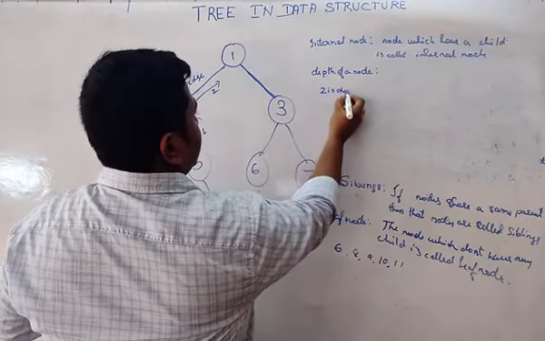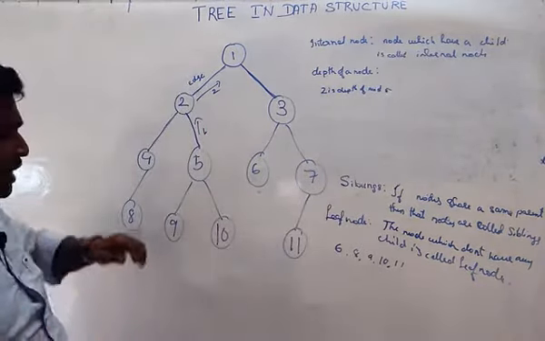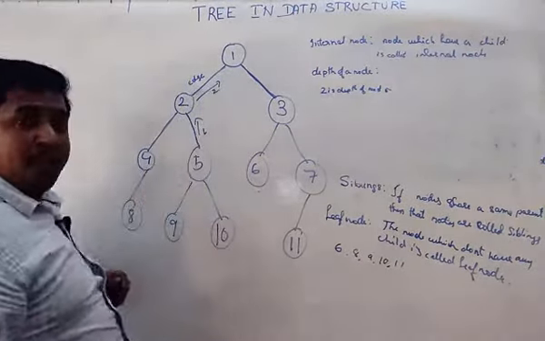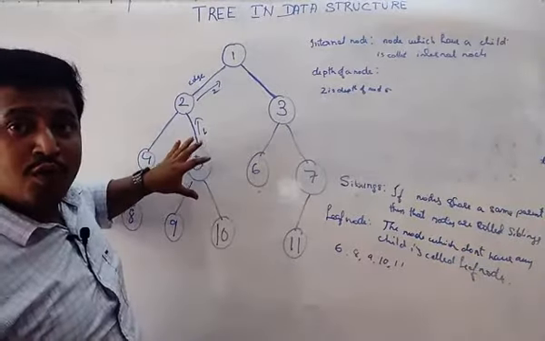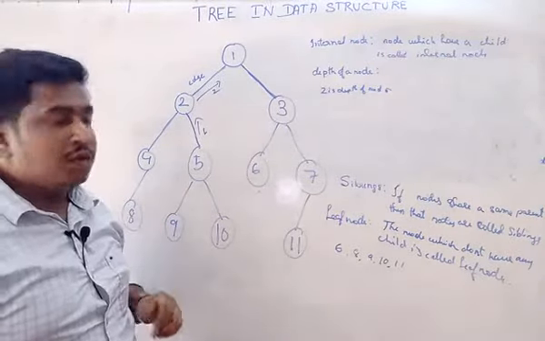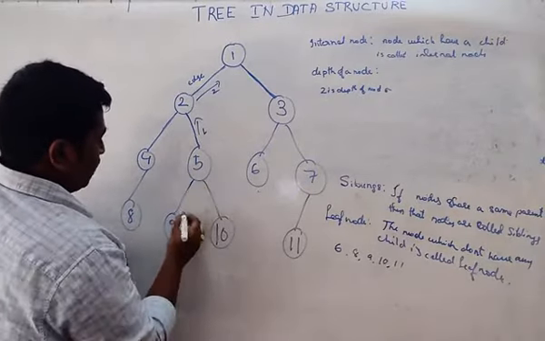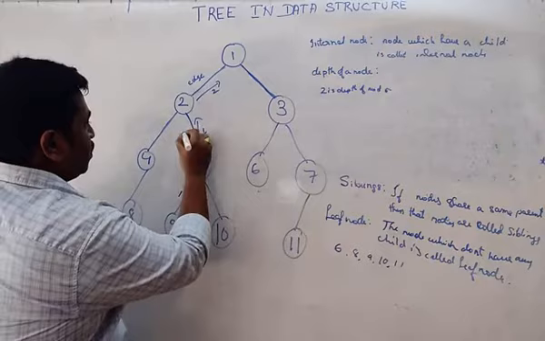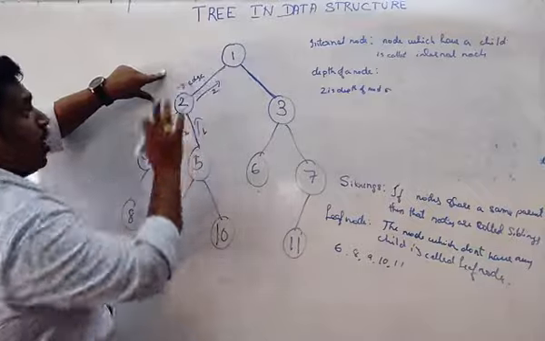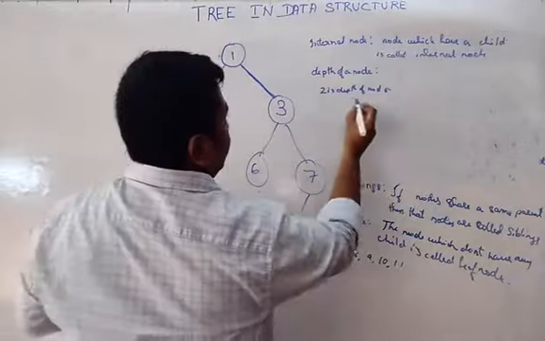2 is the depth of node 5. So it is the length of a path. The length of this path from the node to the root node is called the depth of the node. Similarly, if we want to find the depth of node 9, we have to calculate the length of the path. So 1 here, from here to here 2, from here to here it is 3. So we have to find the path to the root first, and that length will be the depth of the node.